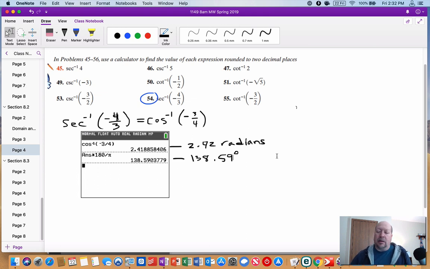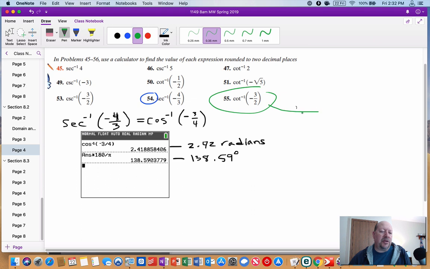Now let's do that cotangent one there, because that'll also explore that little adjustment we have to make. Because look, this is the inverse cotangent of -3/2. And we just realized that before, that whenever we do the inverse cotangent of a negative cotangent value, we're going to have to add on pi or 180 to get the correct answer.